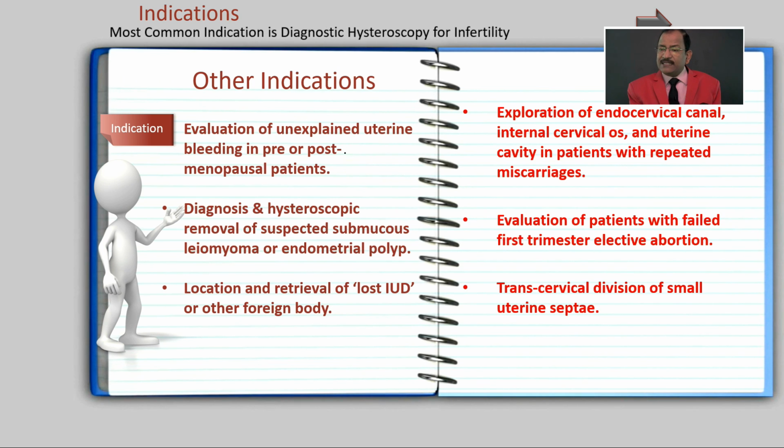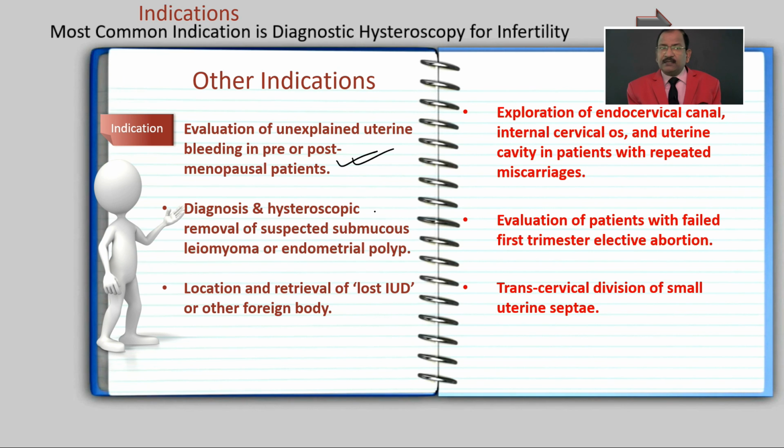Evaluation of unexplained uterine bleeding in a pre or post-menopausal patient. Diagnosis or hysteroscopic removal of suspected submucous leiomyoma or endometrial polyp. Location and retrieval of a lost IUCD. Exploration of the endocervical canal, internal cervical os, and uterine cavity in a patient with repeated miscarriage.